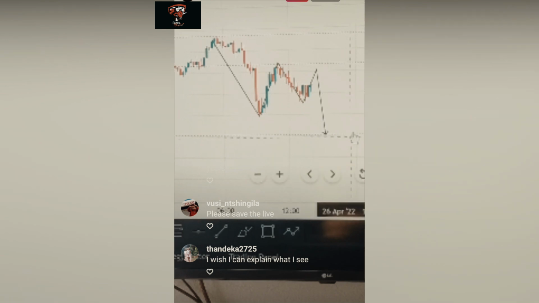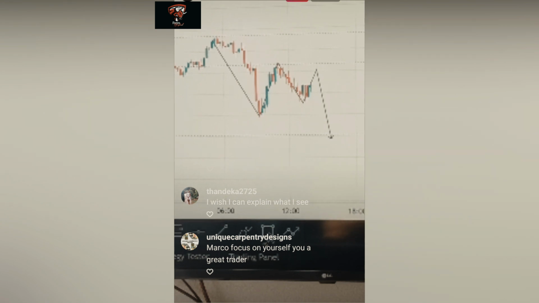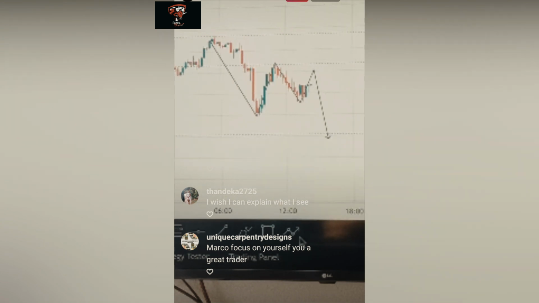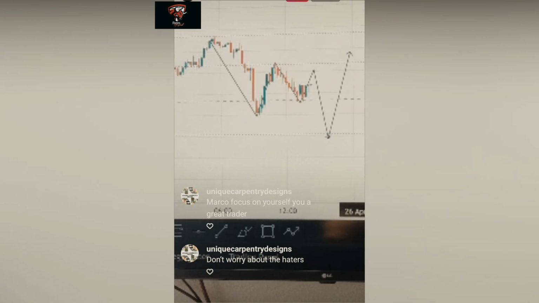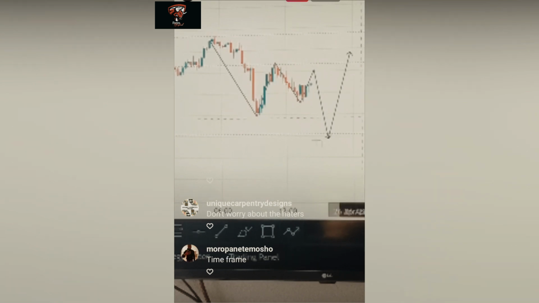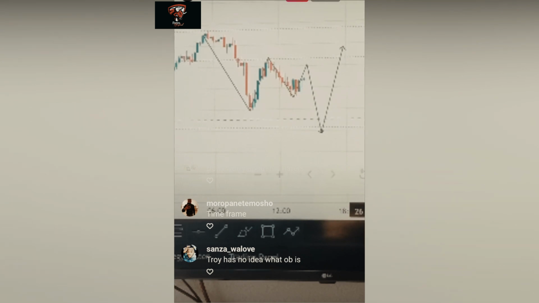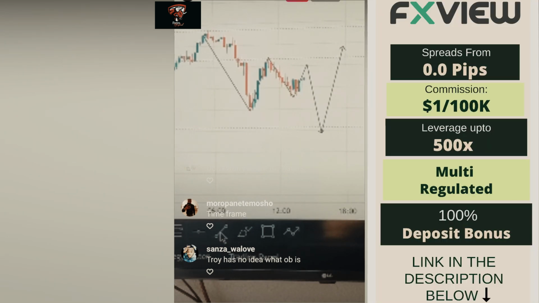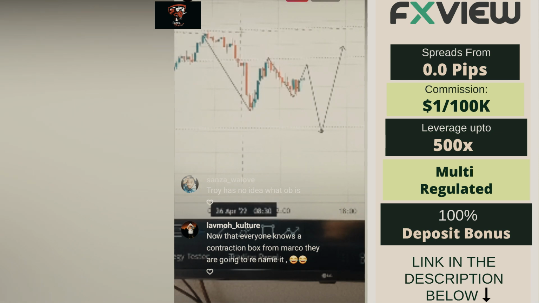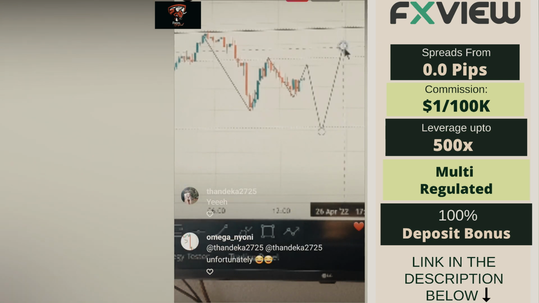So when finally price does go up, we liquidate those early sellers, but we've also liquidated the early buyers. However, we still haven't taken out this high, so we still can fall.